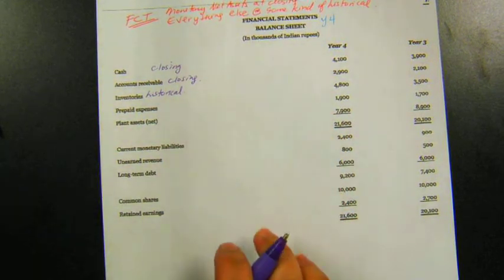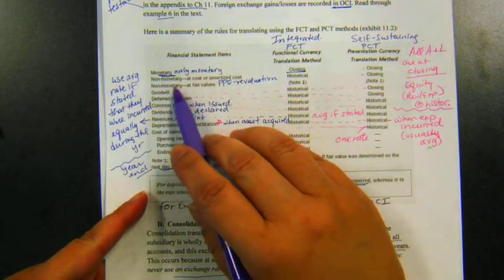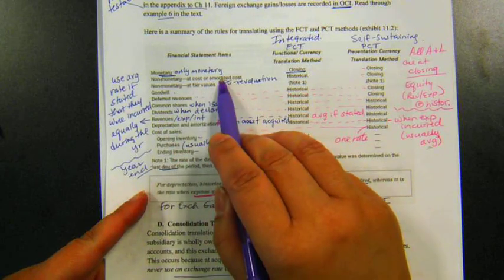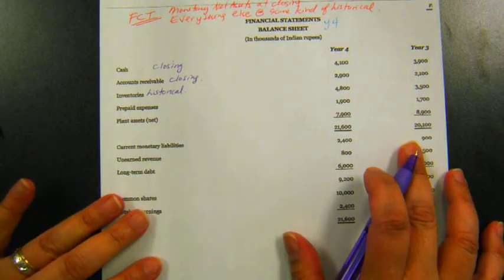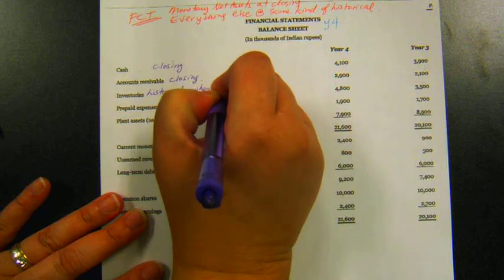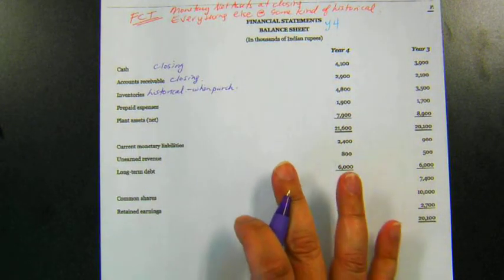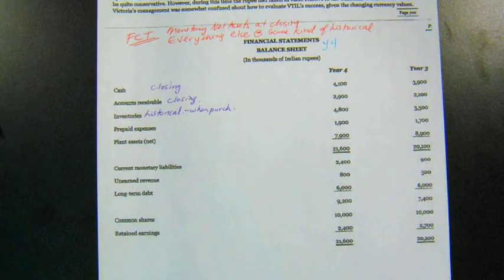And we look at our little chart. Non-monetary at cost or amortized cost is historical. So just plain old historical. So it's going to be when purchased. Now, this is a unique situation also. The parent company started this subsidiary.